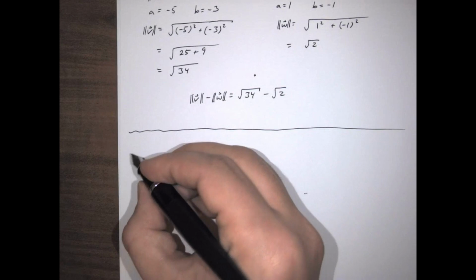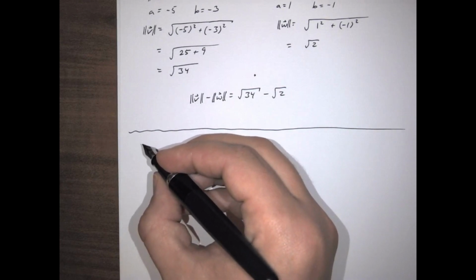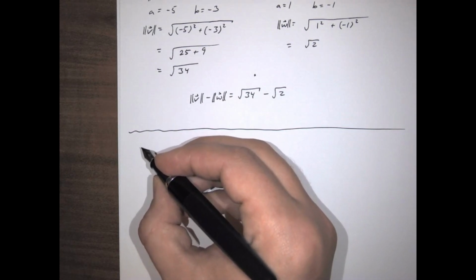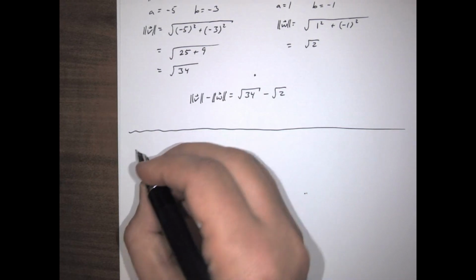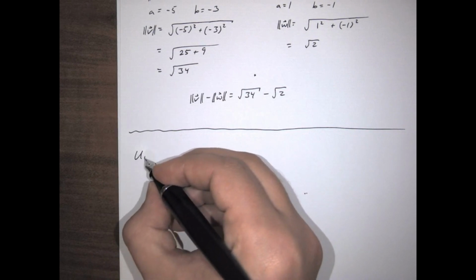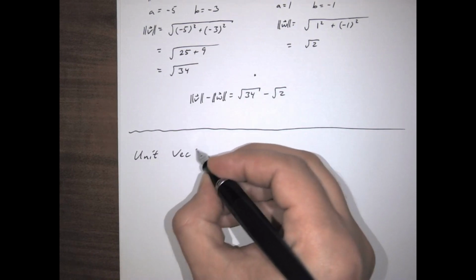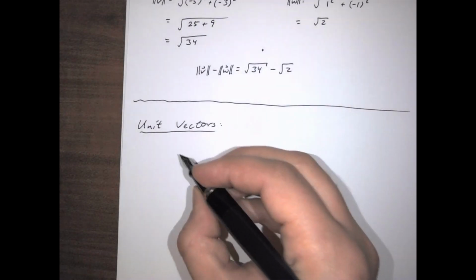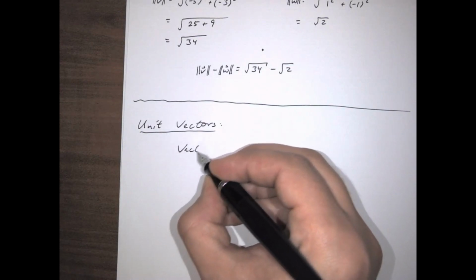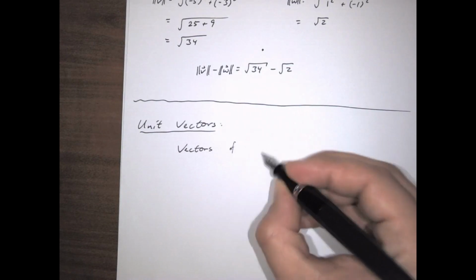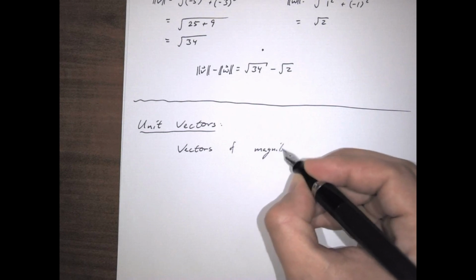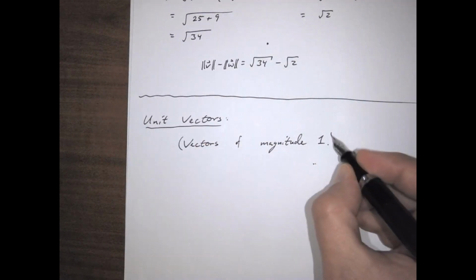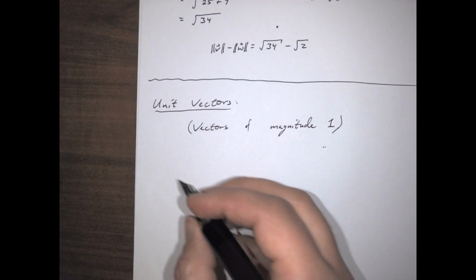Now, once we have the magnitude of a vector, then we can also find what is called a unit vector that points in its same direction. So unit vectors. Unit vectors are vectors of magnitude 1. So the magnitude of a vector is 1.